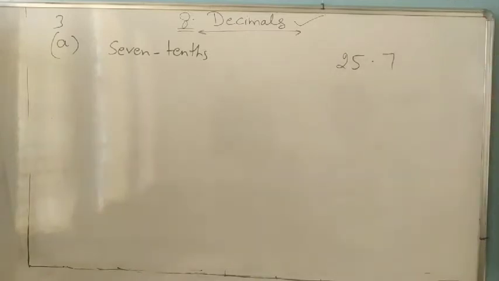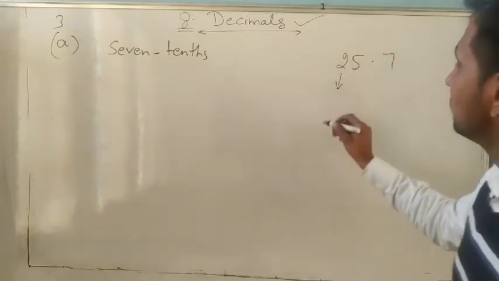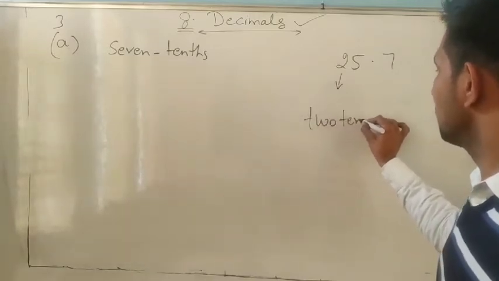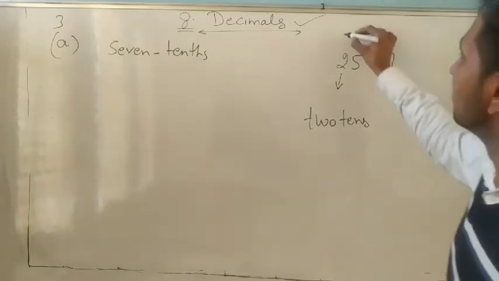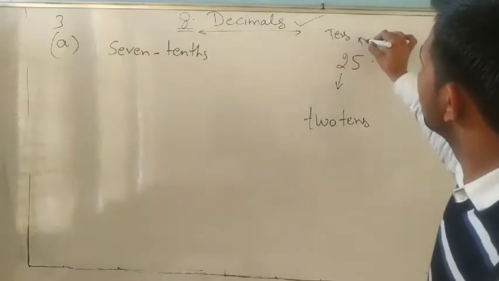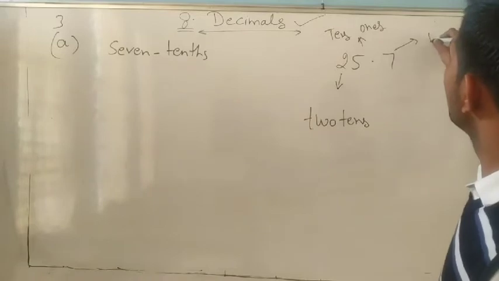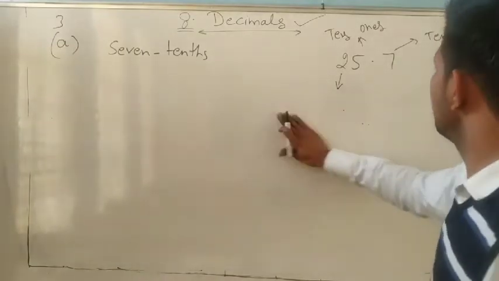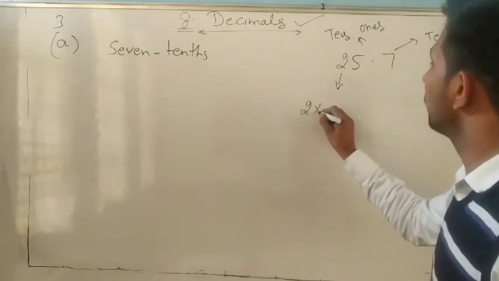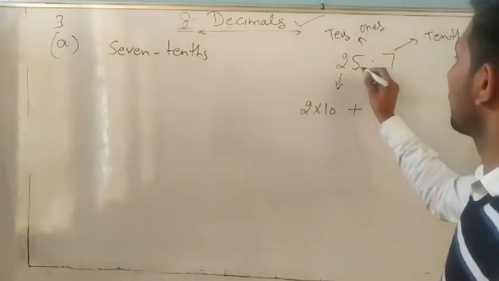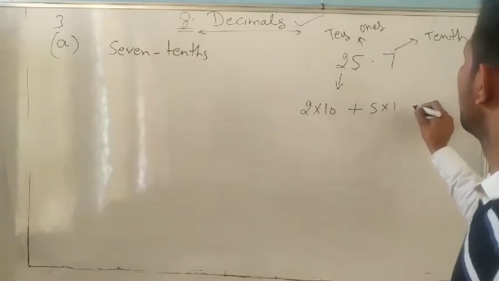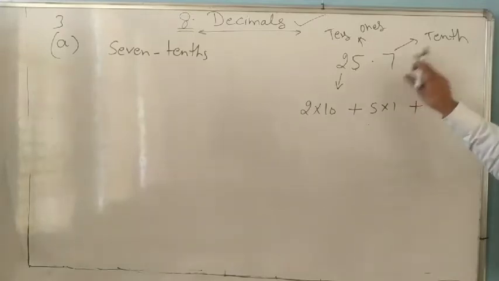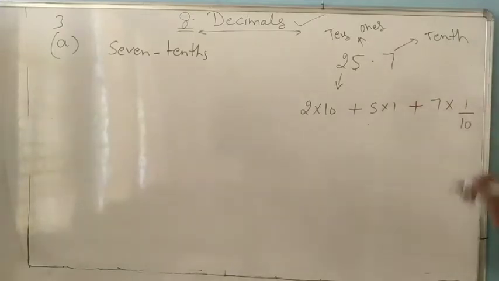25.7. So what is the place value? So we will write, it is place value of 2. So we will write 2 tens. Yes, because it is tens, it is ones, it is tenth part. So how will we represent in expanded form? Look at, we will write 2 into 10 plus ones 5 into 1 plus 7 into 1 upon 10.